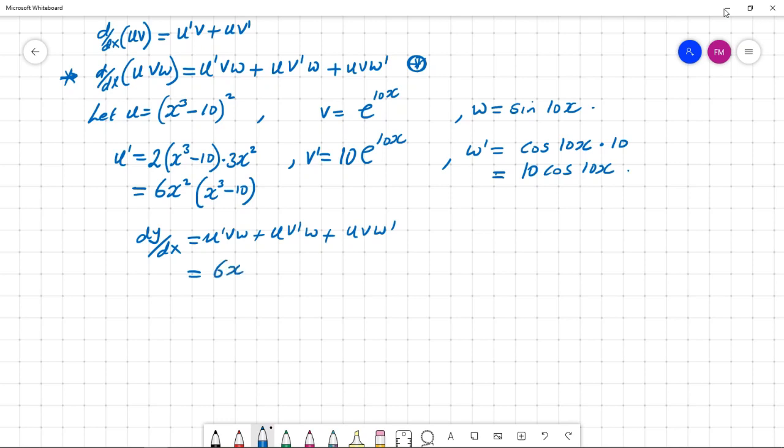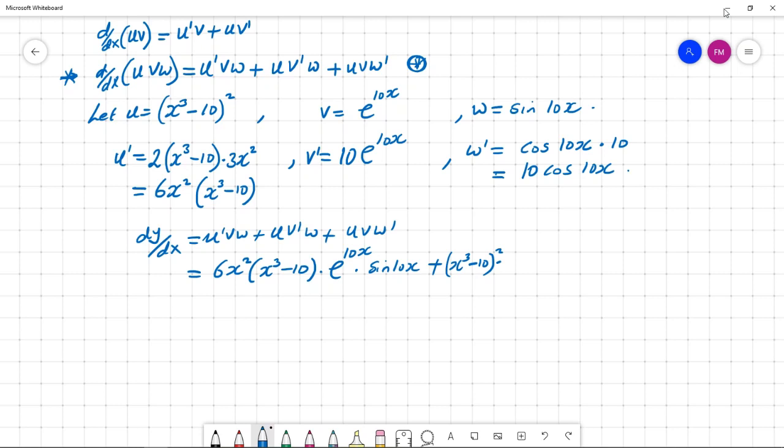Our u prime is 6x squared into (x cubed minus 10), multiplied by v. What is our v? Our v is e to the power of 10x, multiplied by w. What is our w? Our w is sine 10x, plus u v prime w. What is our u? Our u is (x cubed minus 10) squared.